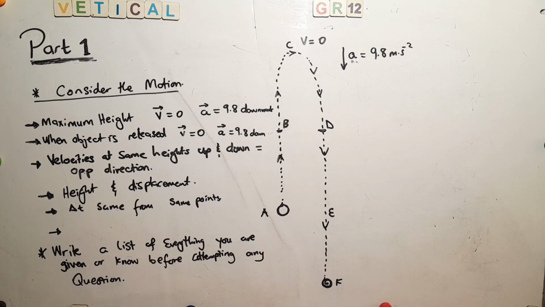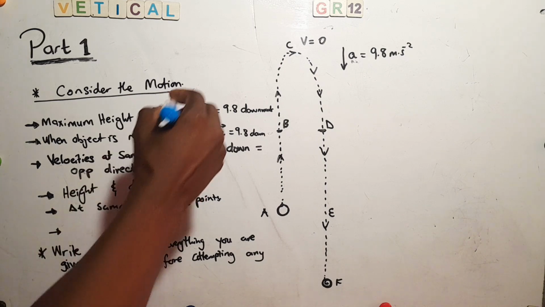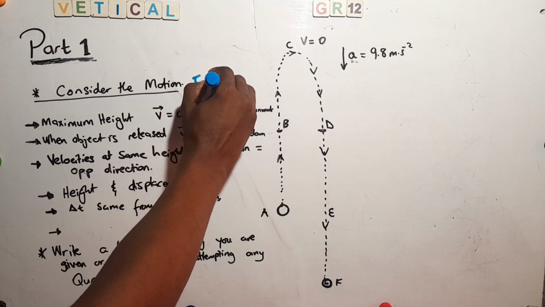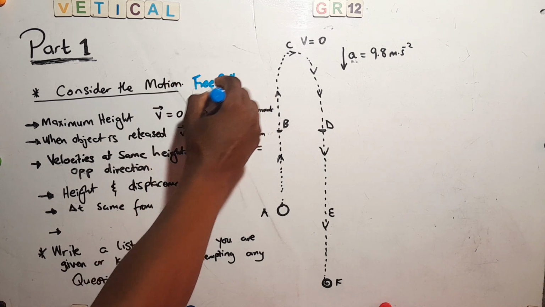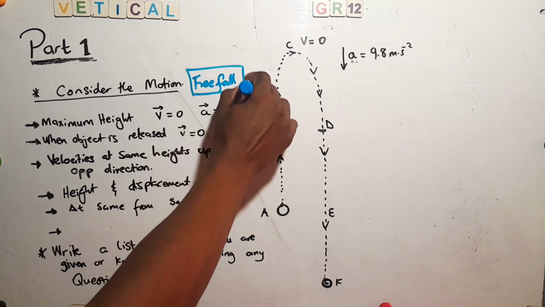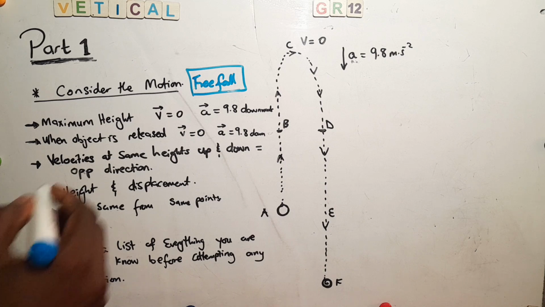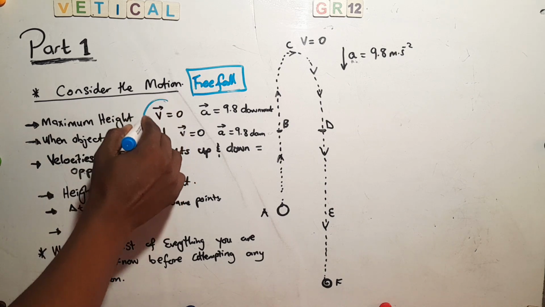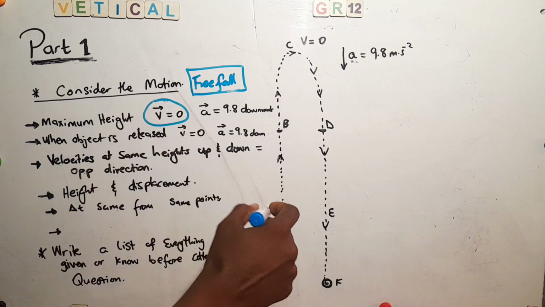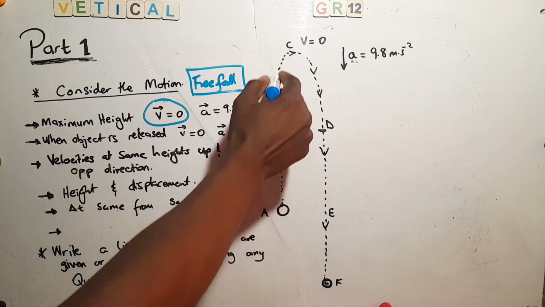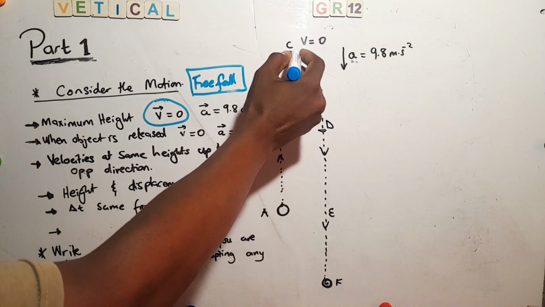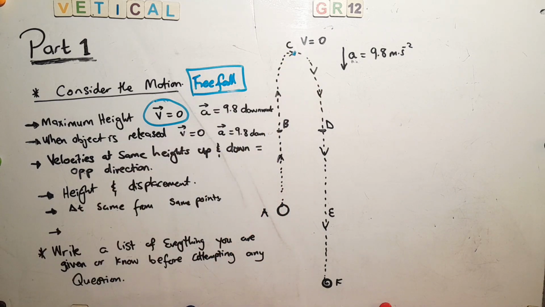When everything is thrown up and it is experiencing free fall, and we said free fall is the motion of the object when only gravitational force is acting on it, it will mean that the velocity at its maximum height, when something is thrown up, it will get to this point at the maximum and momentarily come to a stop, when it starts to change direction.